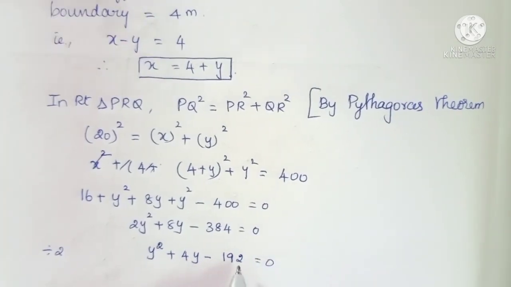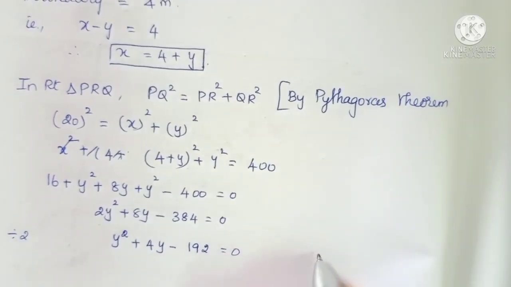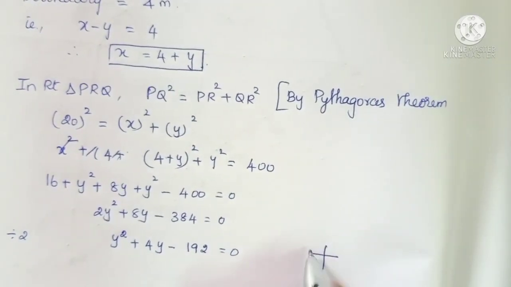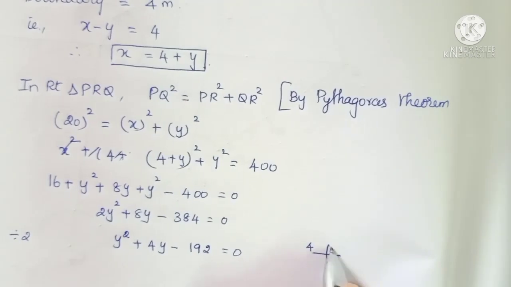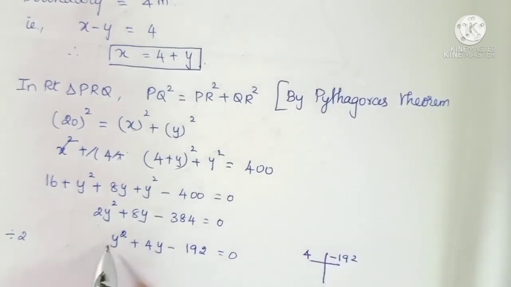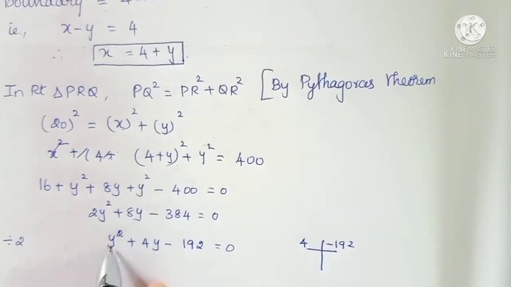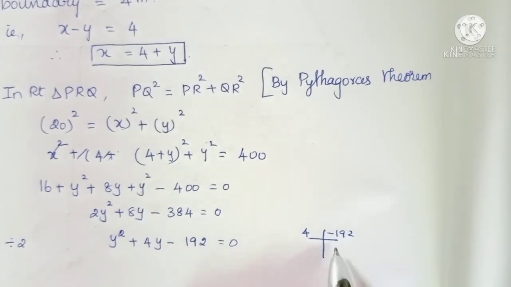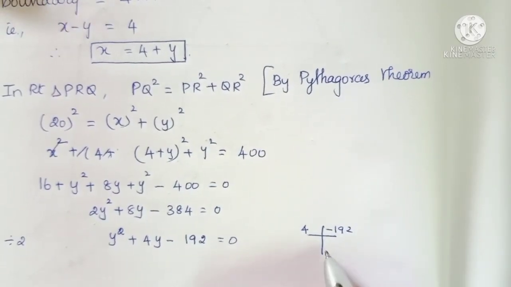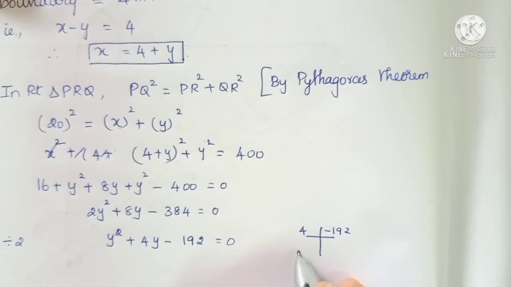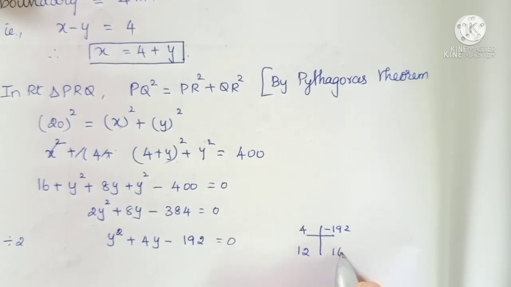For the quadratic form we can use the factorize method. Here I am going to take the sum product method. The sum is the number 4, the product is minus 192, since the coefficient of y squared is 1, so 1 into minus 192 is minus 192. Use tables: 12 16s are 192.